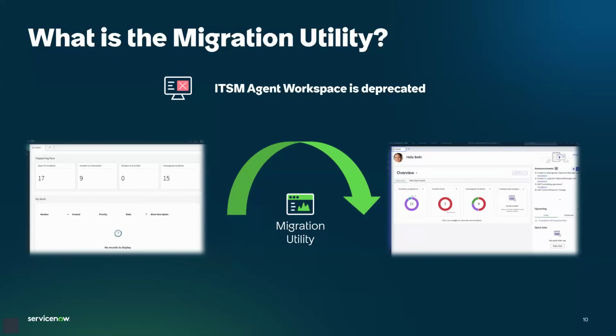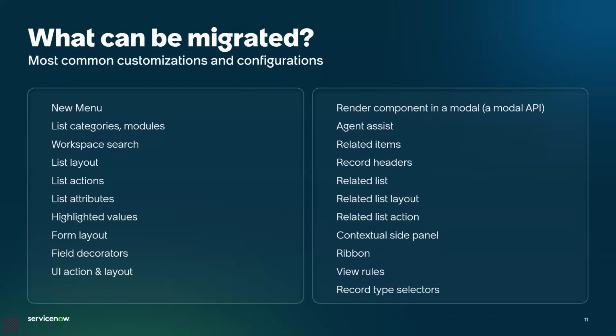Moving on to what can be migrated. Here are the most common configurations and customizations you may have made in Agent Workspace that can be migrated. We start with the nav menu. For the list, we have the categories, modules, workspace search, and then layouts, list actions, list attributes, the highlighted values.